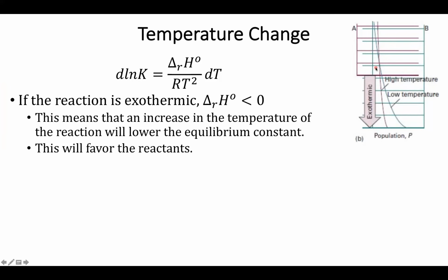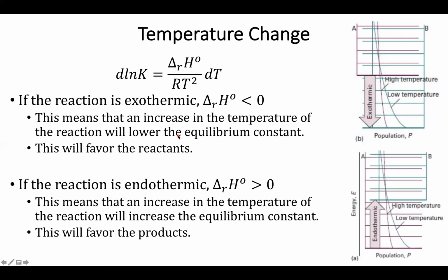But our Boltzmann distributions do show us that as we get to higher temperatures, we're less likely to occupy the lower energy states, and entropy makes it more likely that we're going to occupy the higher energy states. And this is exactly what we see with reactions, that as I increase temperature, I'm more likely to occupy the more unfavorable enthalpic state, in this case, my reactants.